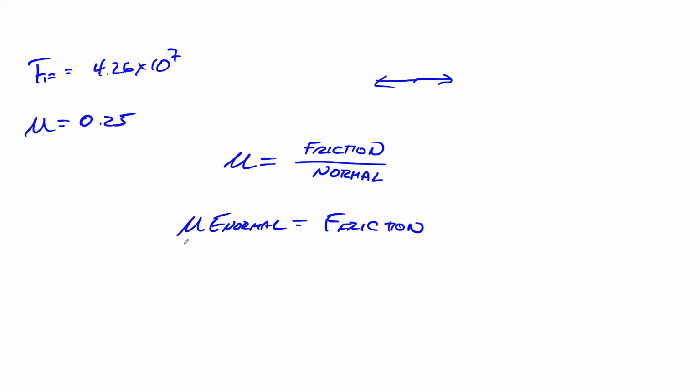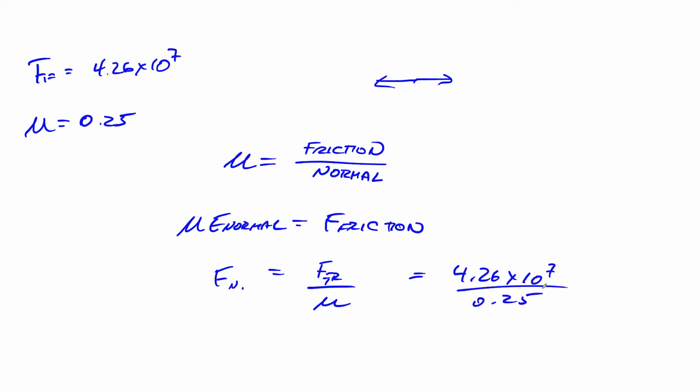Divide both sides by the coefficient of friction. So our normal force is equal to the force of friction, which is 4.26 times 10 to the 7th divided by 0.25.